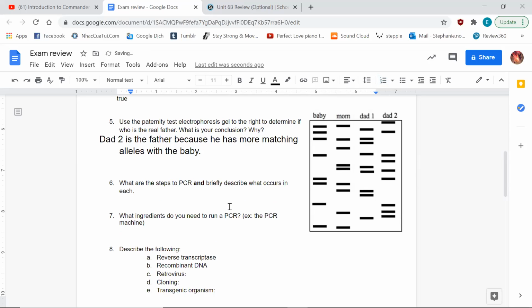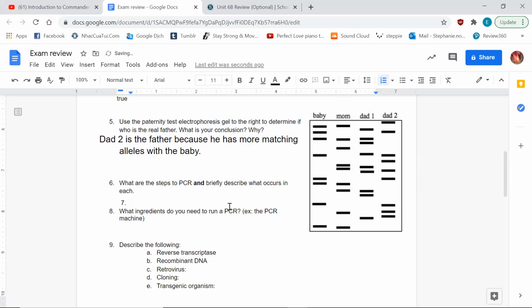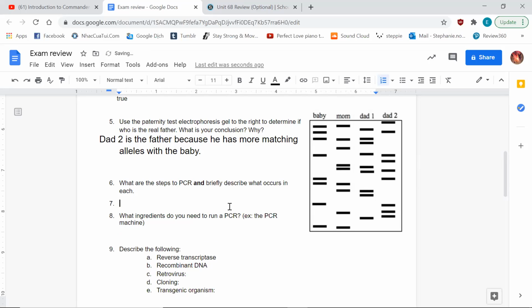What are the steps to PCR? Step one. What the heck? There we go. Step one.